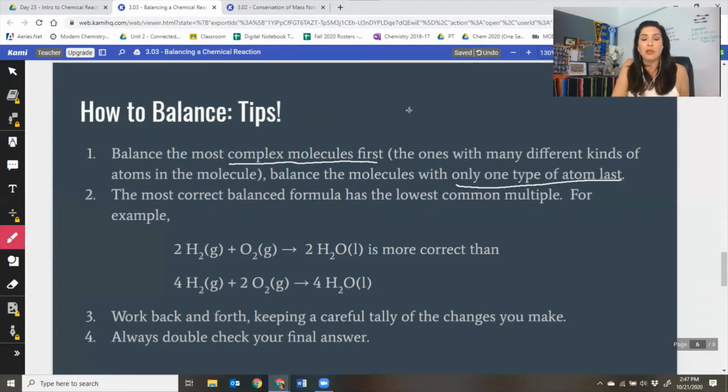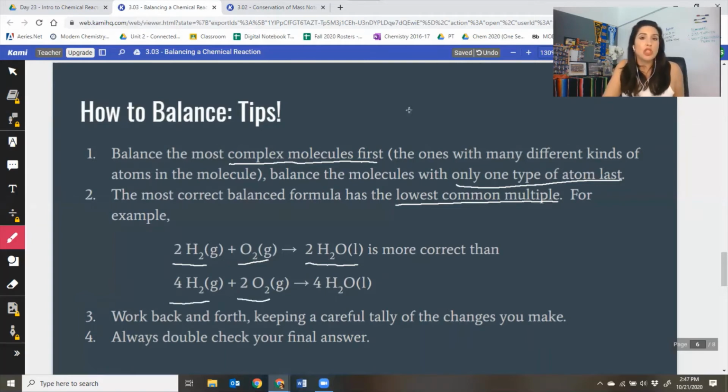The second tip I have for you is that the most correct balanced formula will have the lowest common multiple. For example, if I were to balance this reaction of 2 gases forming water, like I showed you in the model, 2 hydrogen gas reacting with 1 oxygen gas to create 2 water molecules is more correct than 4 hydrogen gas reacting with 2 oxygen gas to form 4 water molecules.